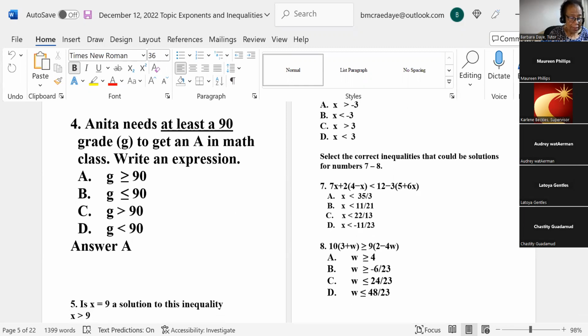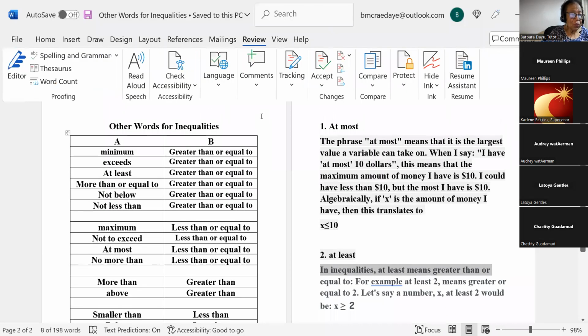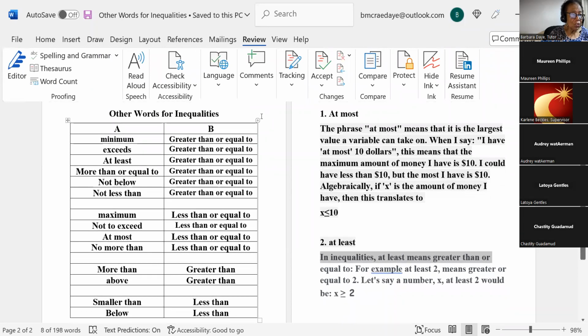Now I have some other words for inequality. Do you see those other words for inequality? At least, and I put some over here in column A, and I put what they equate to. At least means greater than or equal.